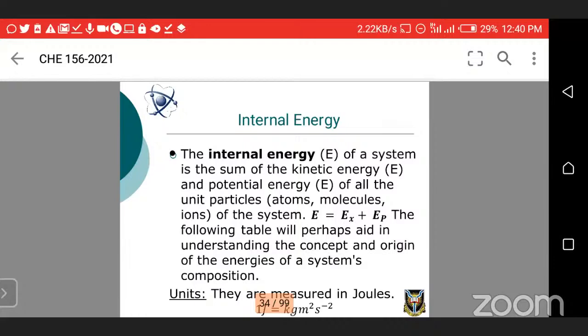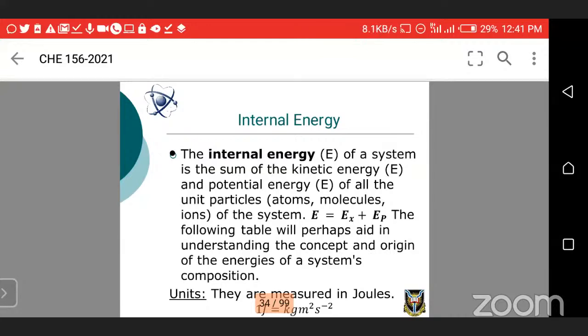Internal energy. The internal energy of a system, in some textbooks the symbol is E, in some it is U, so you can see it symbolized by either U or E. The internal energy E is the kinetic energy plus the potential energy of all the unit particles, molecules or ions of the system, EK plus EP.